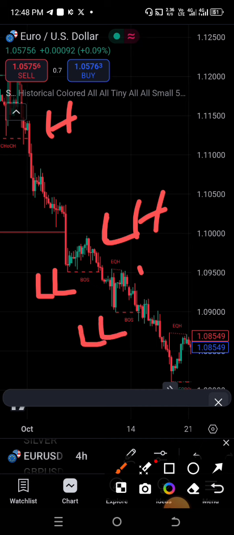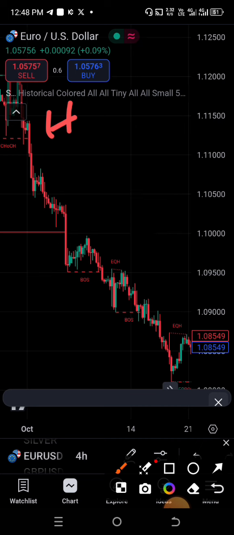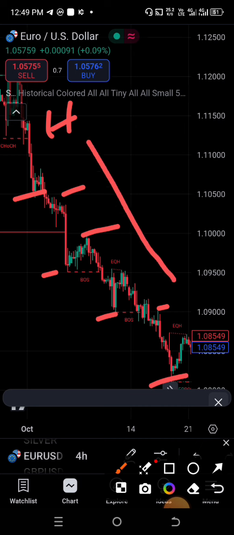This is another lower high here, lower low, lower high, lower low, lower high, lower low, lower high, lower low. You can see the characteristics, the features of the market as it goes downward.